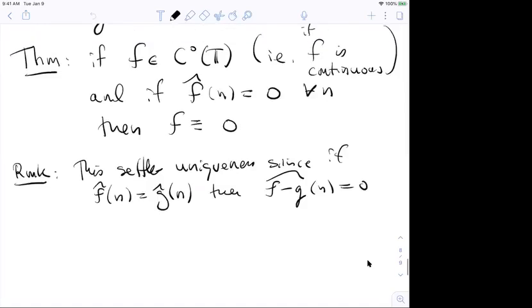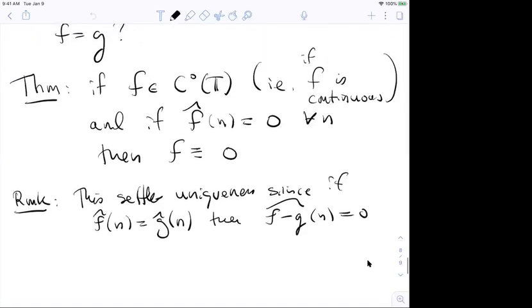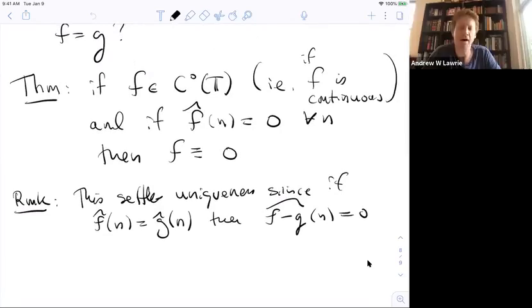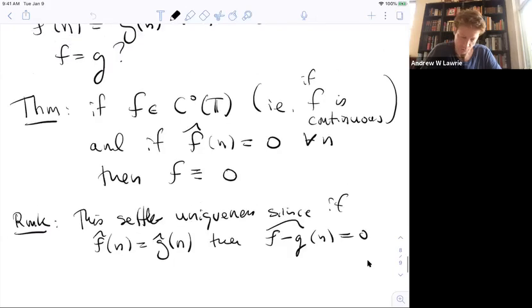Is that still true for square integrable functions? Okay. So Riemann integrable functions, yes.